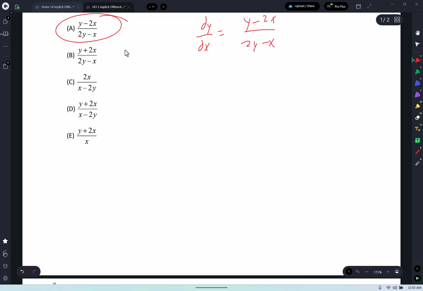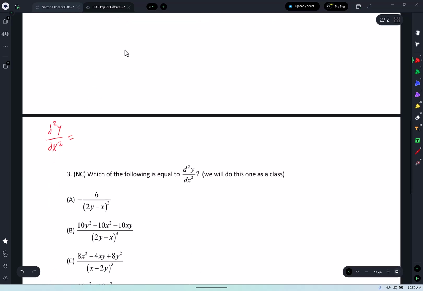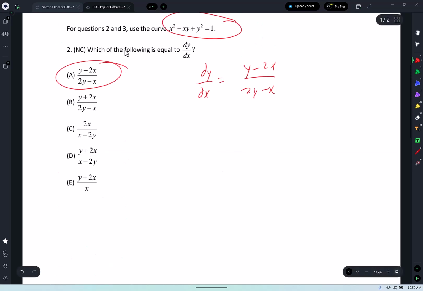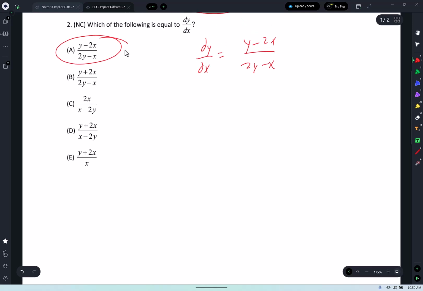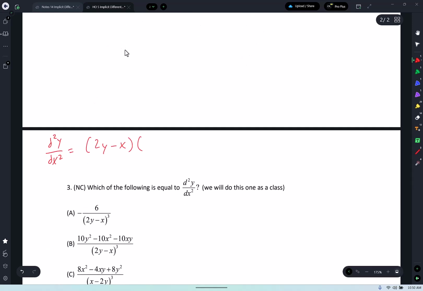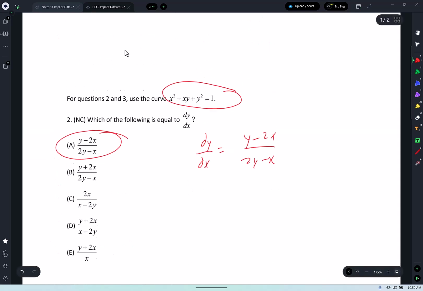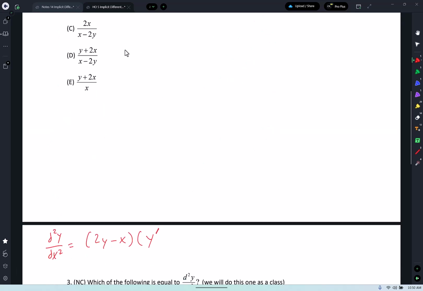Quotient. So bottom, 2y minus x times derivative of the top. So let me see, dy dx. I'm going to write it as y prime so it doesn't get nasty. y prime minus 2.